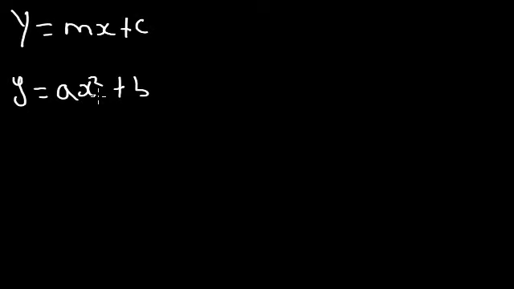First, what makes it not linear, and how do you know when you have a linear and a non-linear equation? For a linear equation, the degree of both the dependent and the independent variable will be 1. It must not be anything other than 1.